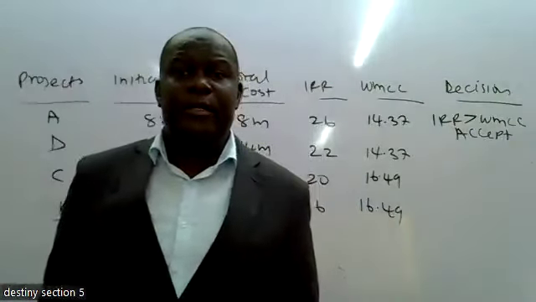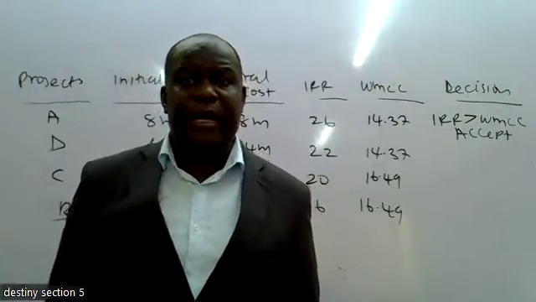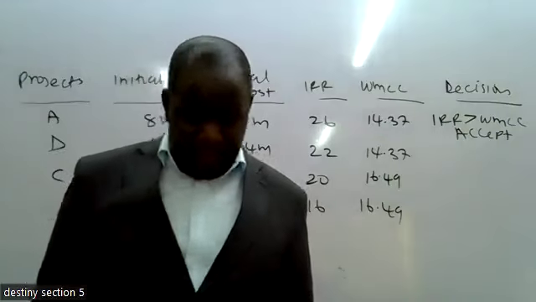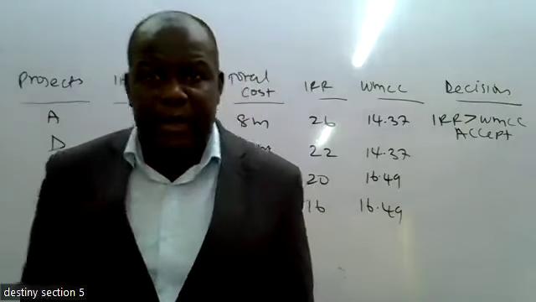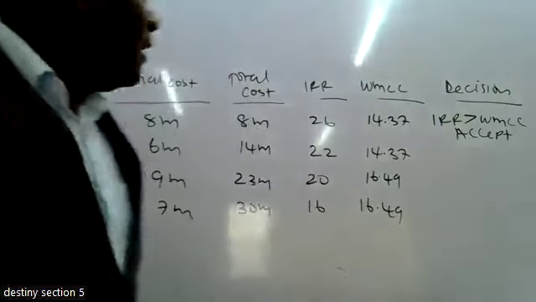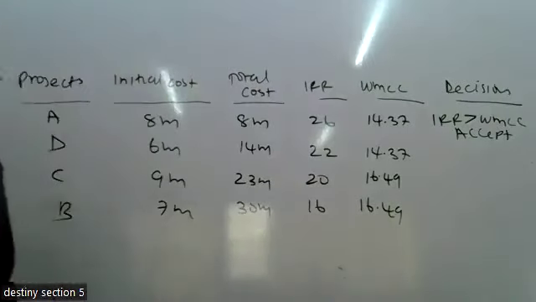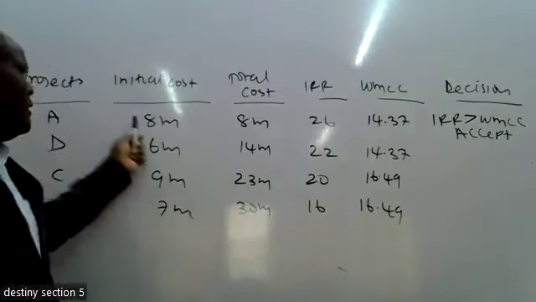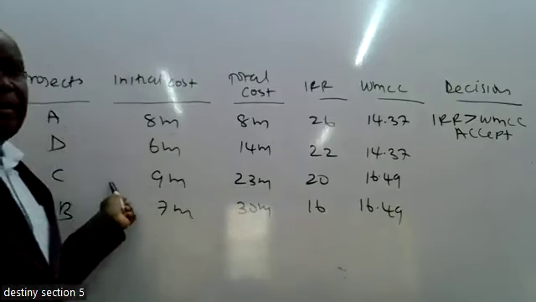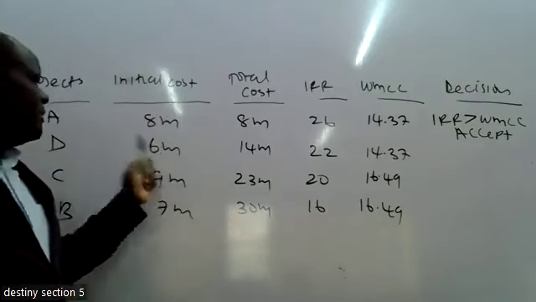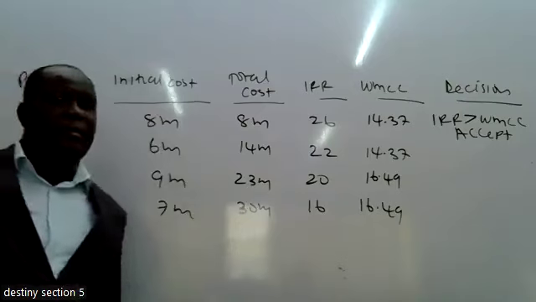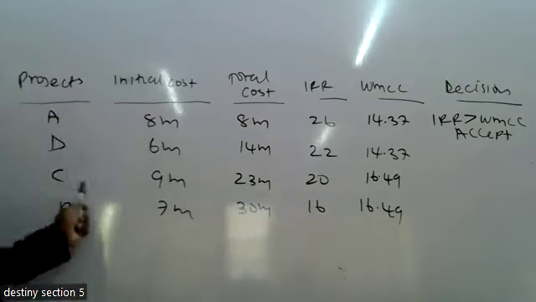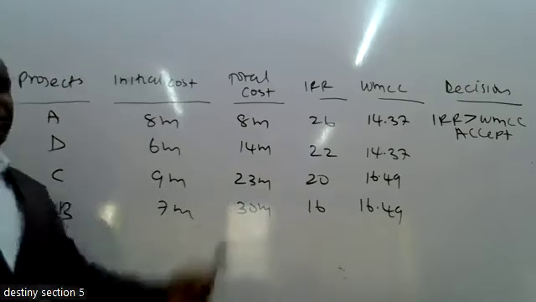The optimal capital budget is simply the total cost of the accepted projects, i.e. 23 million. You see, you accepted A, D, and C. So you add 8 million plus 6 million plus 9 million, which is 23 million.